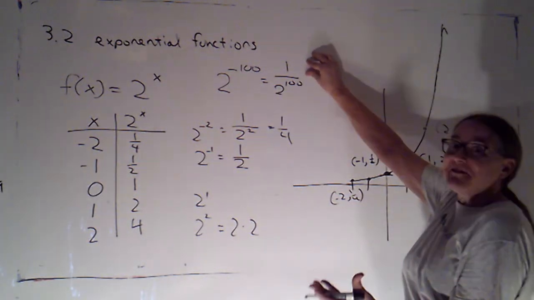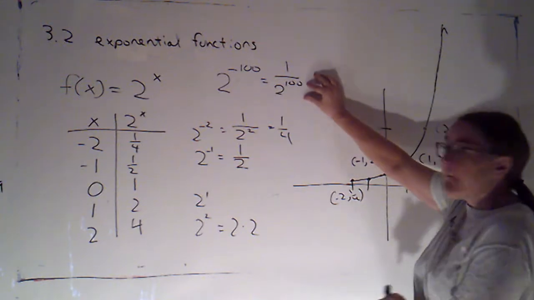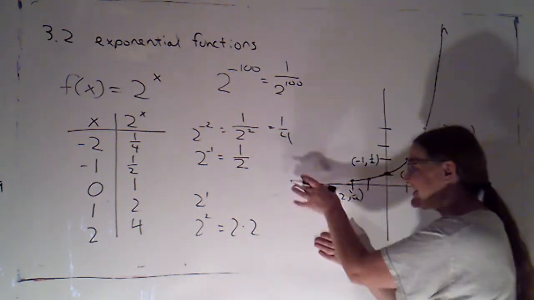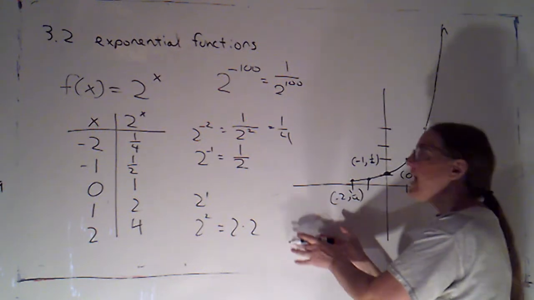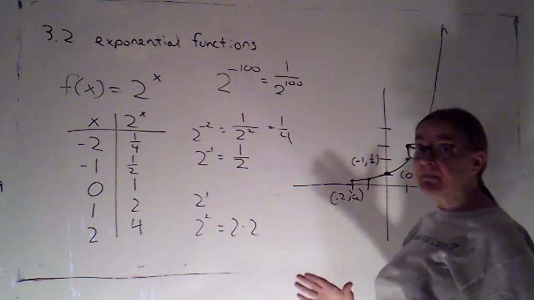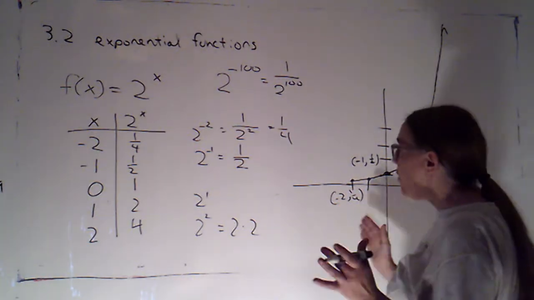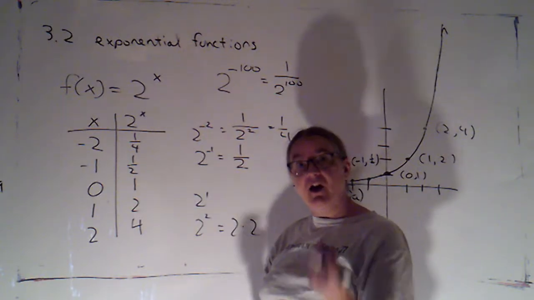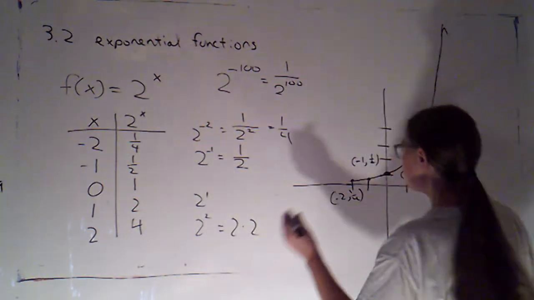That's not going to equal 0. And that's a positive number on the bottom. So I'm never going to cross the x-axis and have a negative number. These y values that I'm getting will always be positive. There's no way I can take a power of 2 and get 0 or something negative.